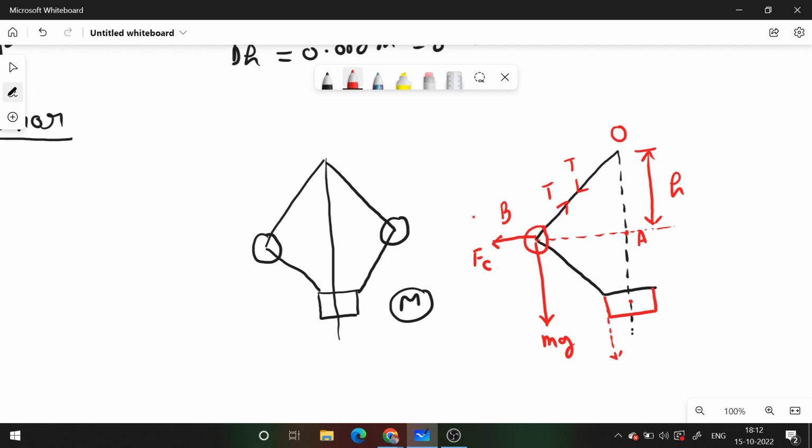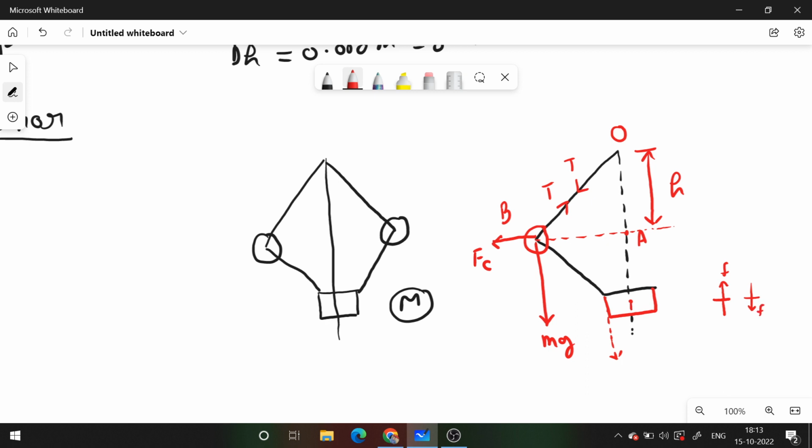There is a friction force between the spindle and the sleeve due to the relative motion. If the sleeve moves in downward direction, in that case the friction force will be acting in upward direction. If the sleeve moves in upward direction, then the friction force will act in downward direction.